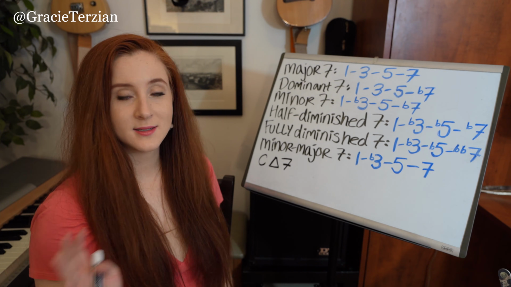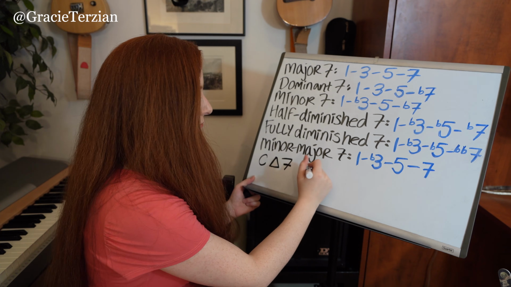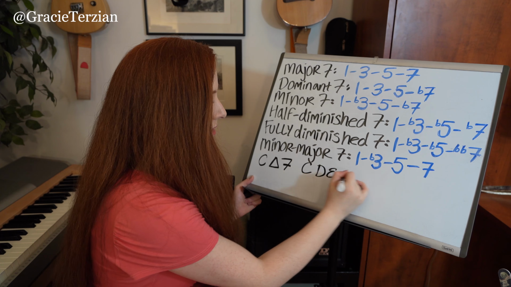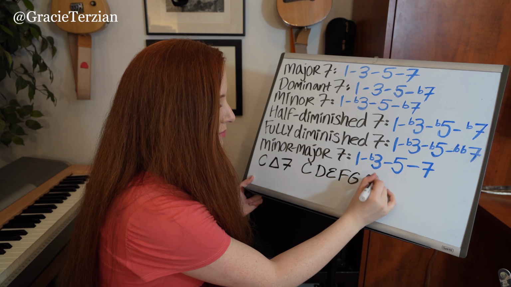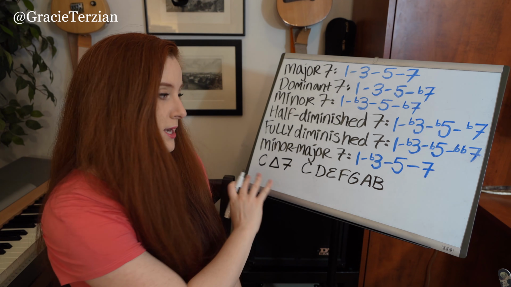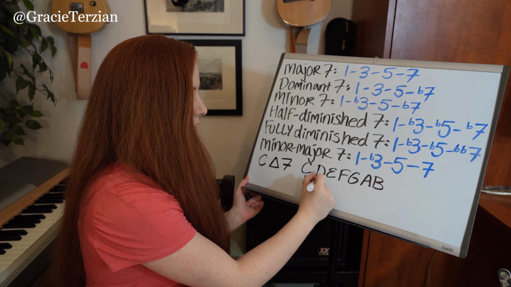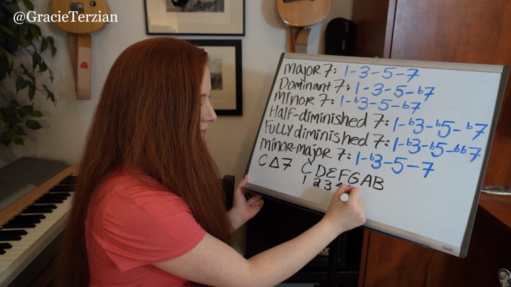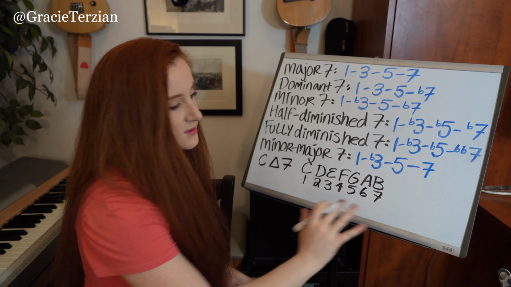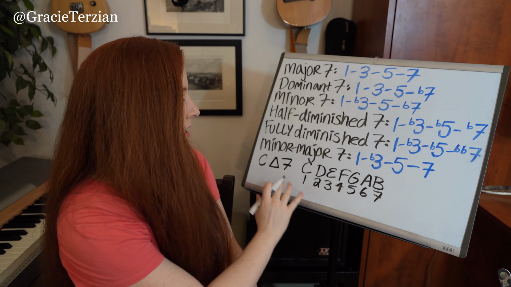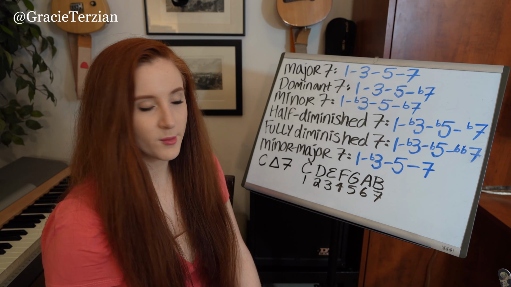So we're going to think about a C major scale. So I'm just going to write one out right here: C, D, E, F, G, A, and B. Okay? Then I'm going to number the scale. So I'm going to assign 1, 2, 3, 4, 5, 6, and 7. So I'm thinking of the scale as scale degrees, assigning each note in the scale a number.